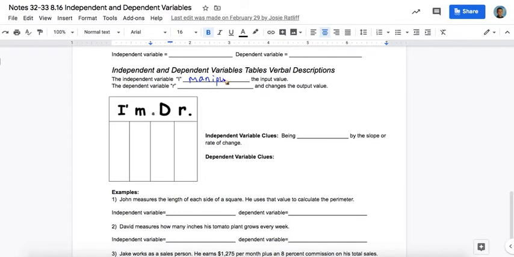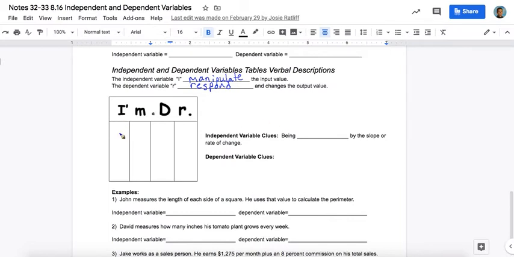So I manipulate the input value. Okay, so that's what I'm plugging in. The dependent variable is R, which I'm looking for, respond, and changes the output value. So I manipulate the input value, and the dependent variable responds. Okay.